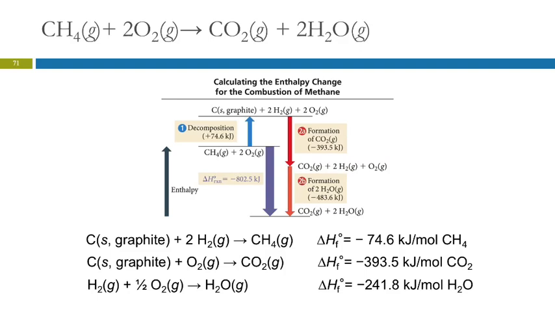So to calculate the standard heat of reaction for this, I'm going to take the heats of reaction for the products, CO2 and H2O. So for CO2, it's minus 393.5. And for H2O, it's minus 241.8. But there's two of those. So this has to be multiplied by 2.